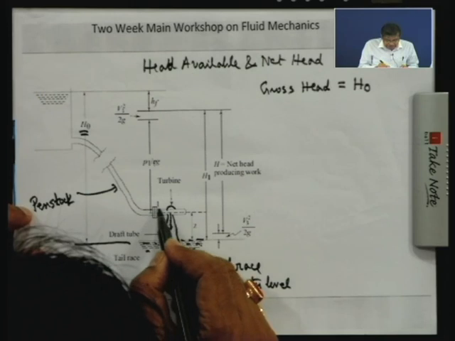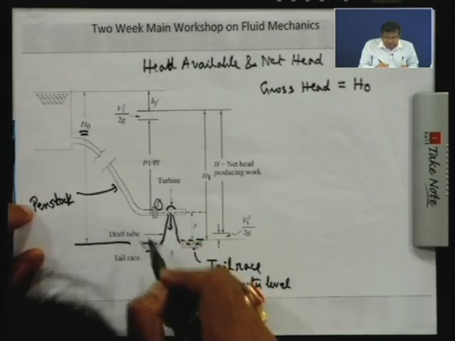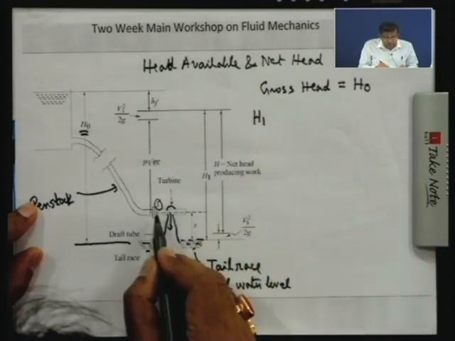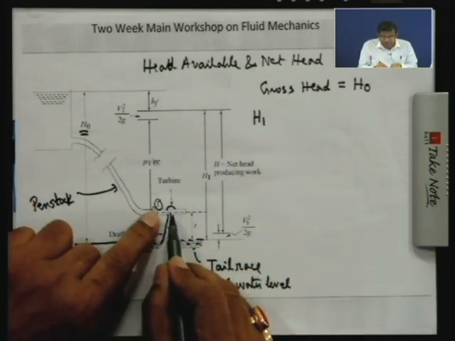So, the gross head is H0. Now, at the inlet, this point 1 to the turbine, what is the head H1? That is the head available for the turbine, the head at inlet to the turbine.